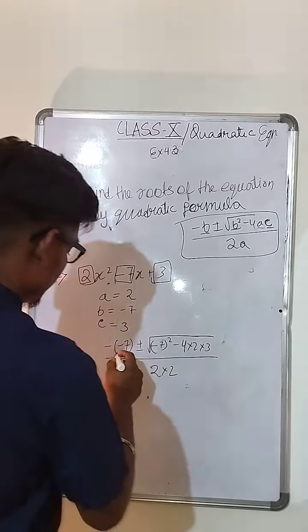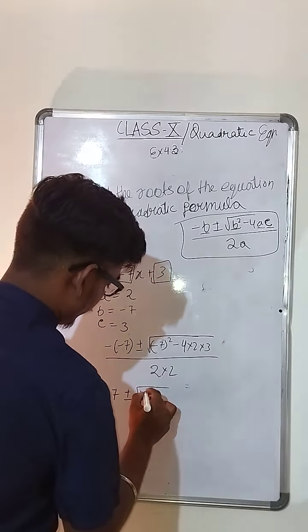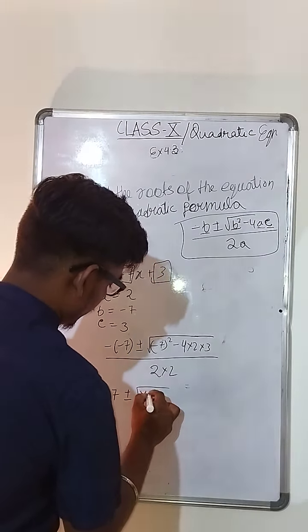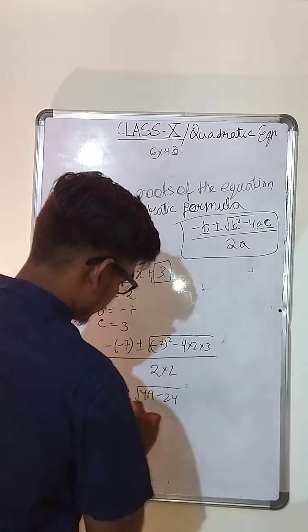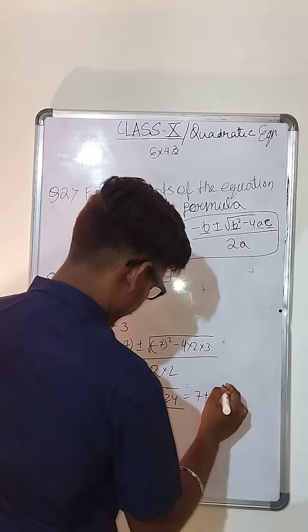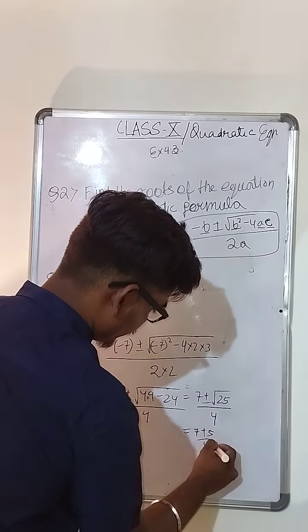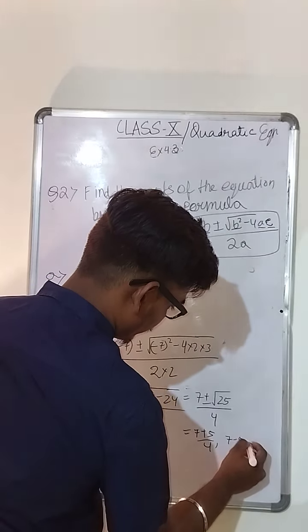Minus 7, 7 plus 49 minus 24, 7 plus minus root over 25 by 4, 7 plus 5 by 4, 7 minus 5 by 4.